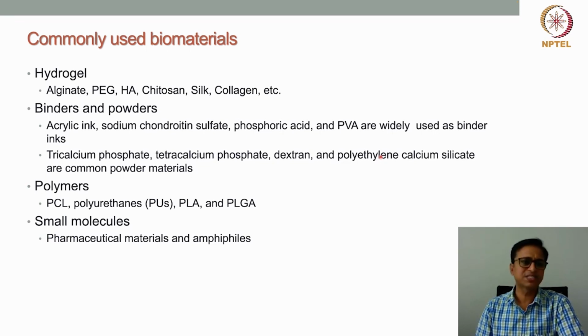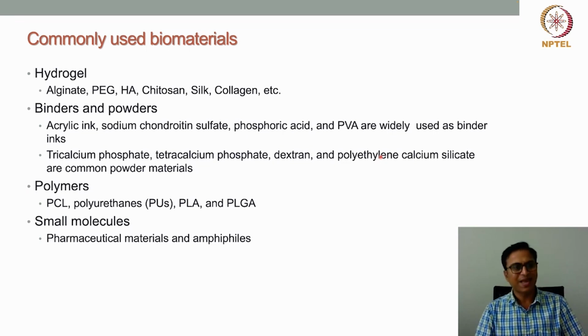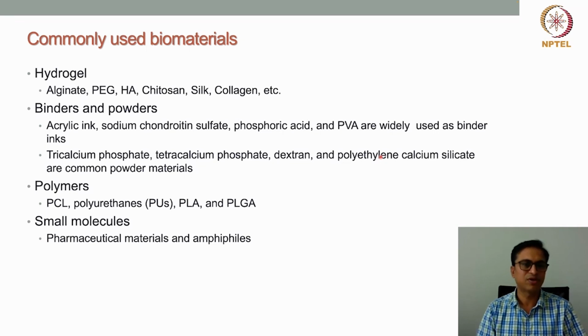The very first example is the hydrogel. So hydrogel is an aqueous based material. When the material is inside the aqueous system, it absorbs water without getting dissolved into the system. So different types of hydrogels are being used, and mostly these materials are used for other applications, and then they have been tried for inkjet 3D printing.